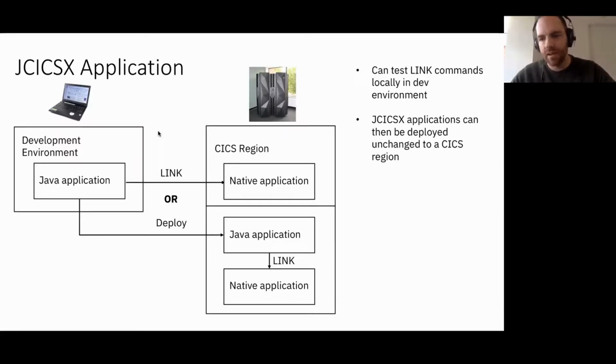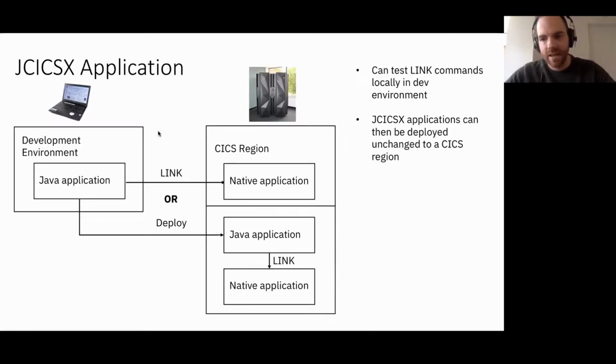And then when you run the link, it will invoke the remote program, and it will write any data it needs to containers in a channel in the remote region, and when the backend program writes its response to containers in a channel, our local running application in my development environment will be able to read data from those remote containers in the remote channel using this magic transport that we have.